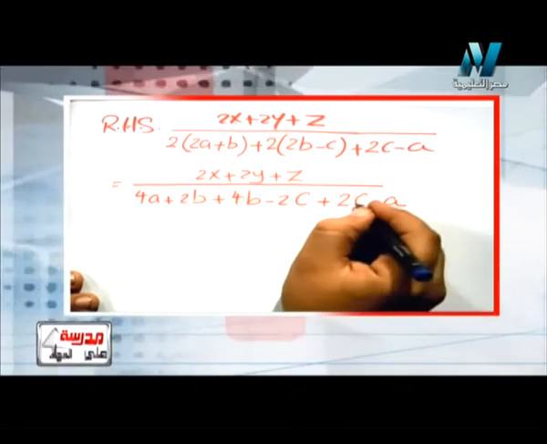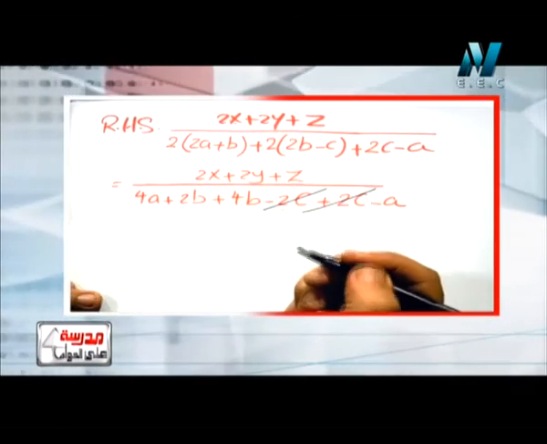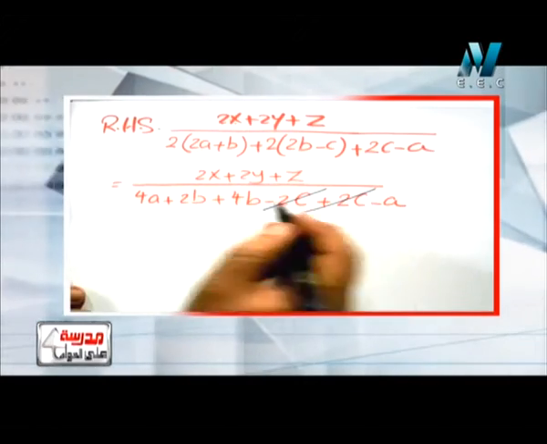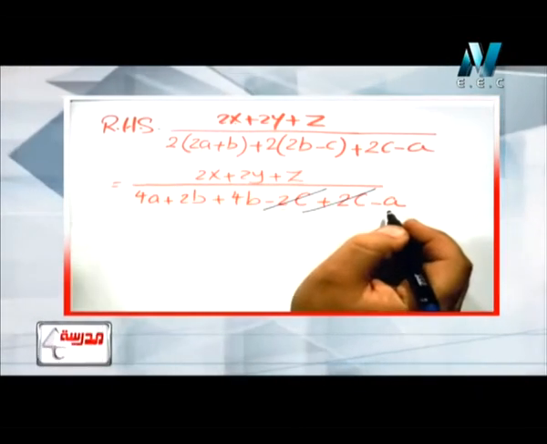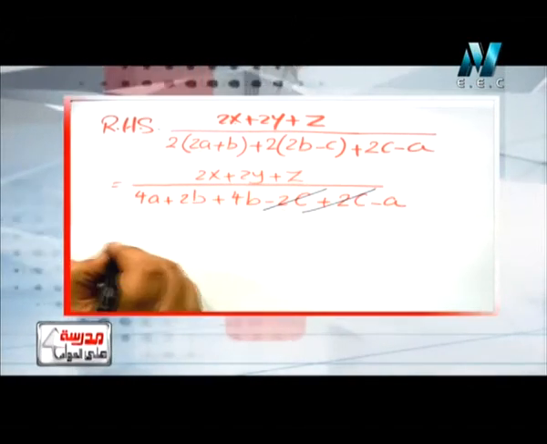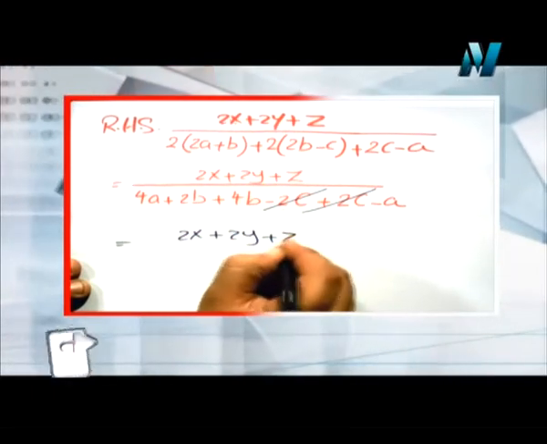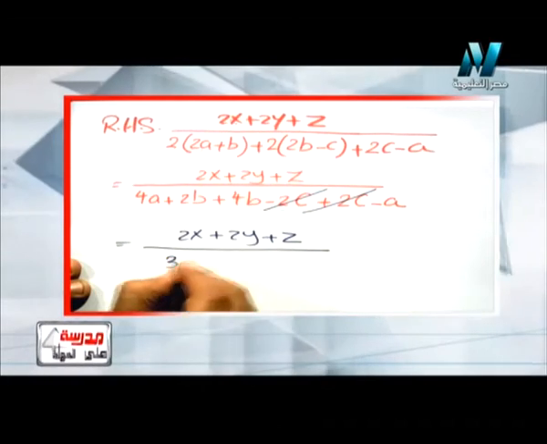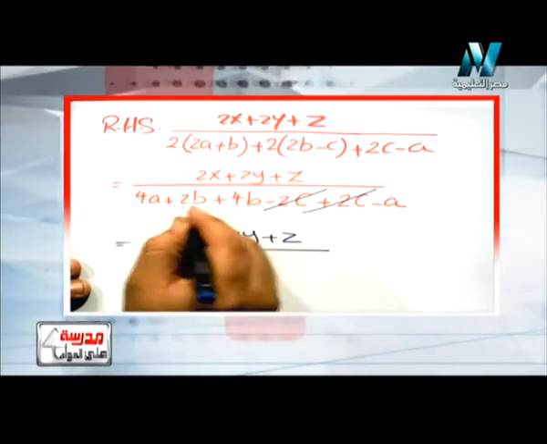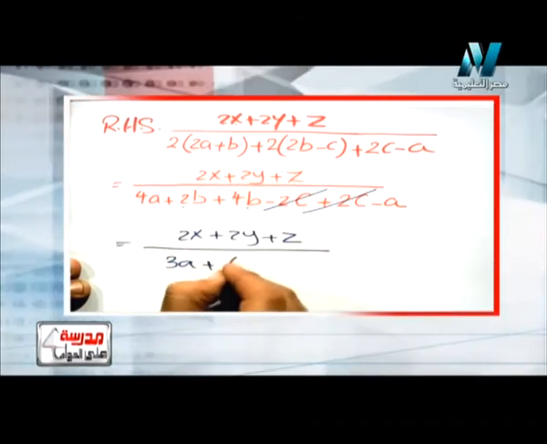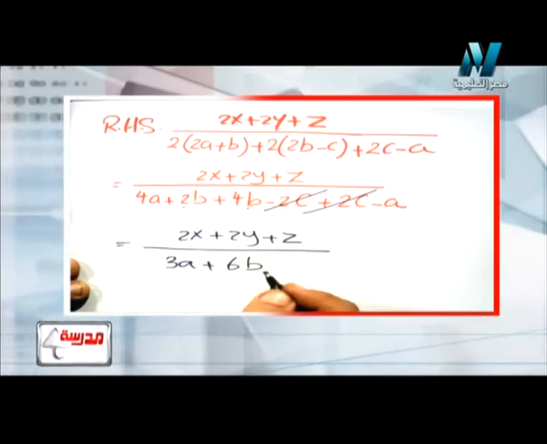Negative 2c and plus 2c, and they vanish together. And we have 4a minus a, the answer is 3a. So this equals 2x plus 2y plus z over 3a. And here is 2b plus 4b, and the answer is 6b.